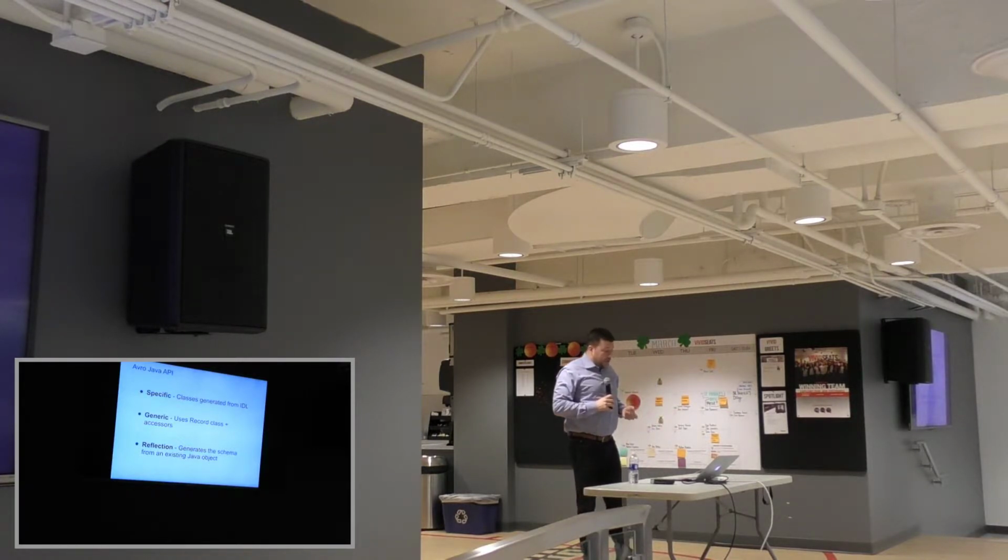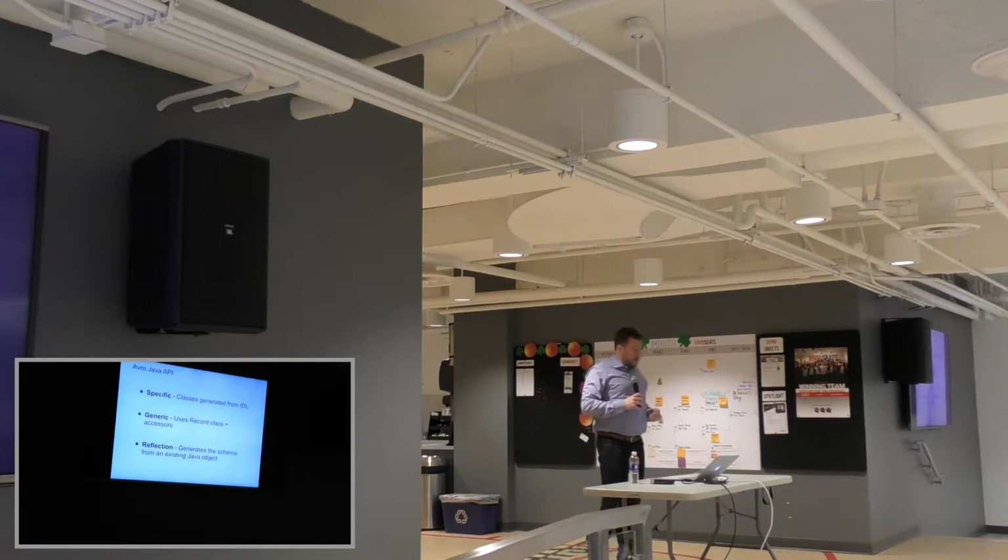There's generic, which is basically just a record class with a set of accessors that allow you to read and write data. And then there's reflection, where you're taking your Java object itself and generating the schema from that. So I'm going to step out of the presentation and show a couple of demos of that if you're okay with that.